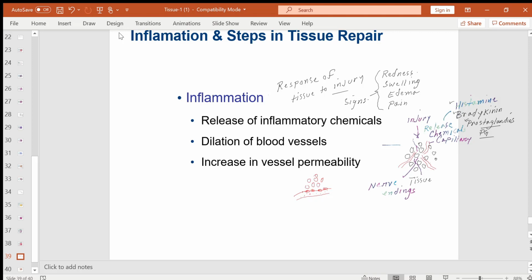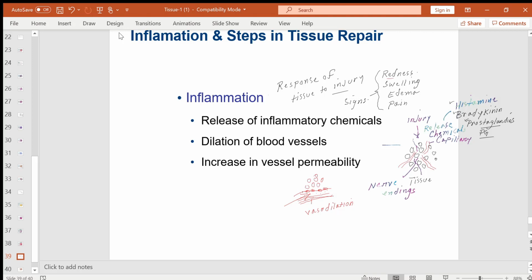And also the capillaries get wider. That is called vasodilation. So two things happen in the capillaries. One is vasodilation, that means the capillaries get wider. So if the capillaries get wider by the action of the chemicals, then more blood will flow in that area. Makes sense? And that is number one, and that causes redness.